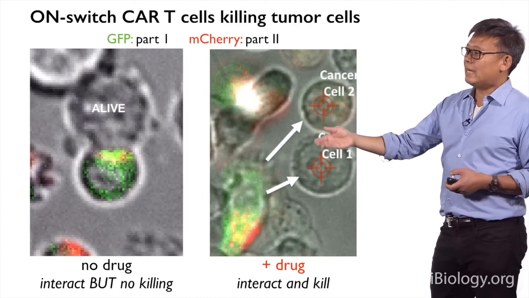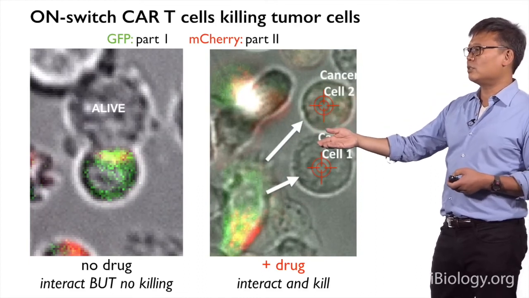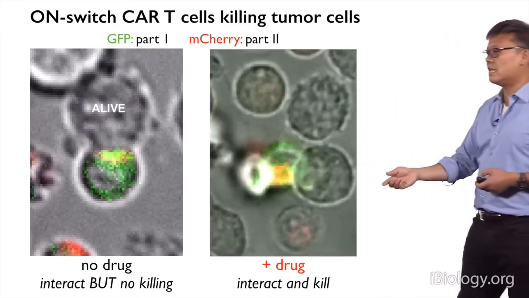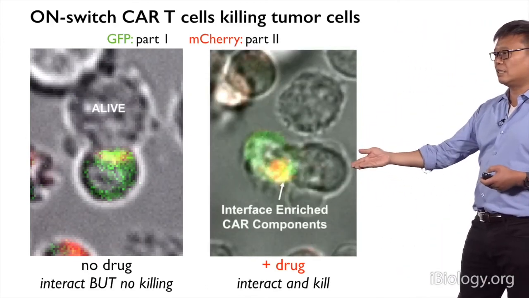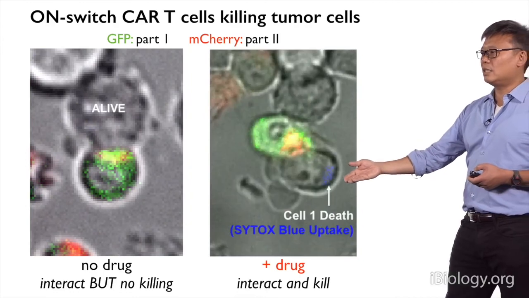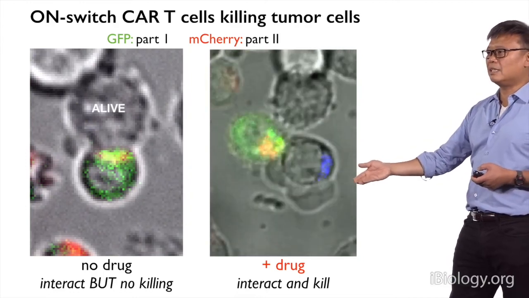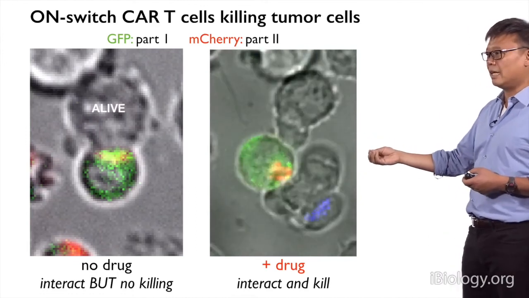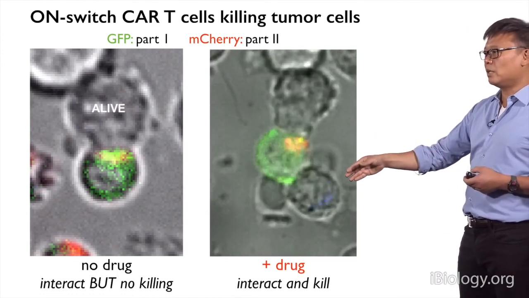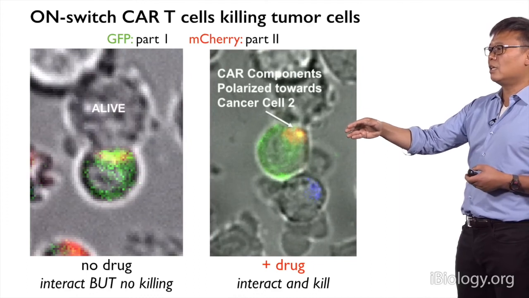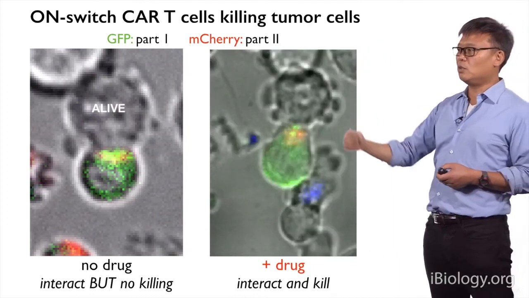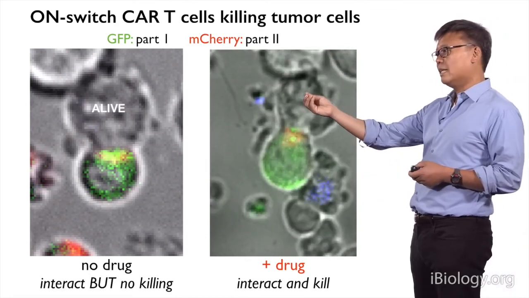In contrast, when we now take the same cells and mix them with cancer cells and then add the drug, what we see is this, that we see the cells now engage with the target cells, but then immediately you see this cell blebbing, and then this blue dye is indicative of the cell undergoing apoptosis. So that cell immediately starts dying, and once that cell is on its way to death, this T cell contacts this second cell, reorients its receptors to that, forming a different synapse, and then actually starts killing that.